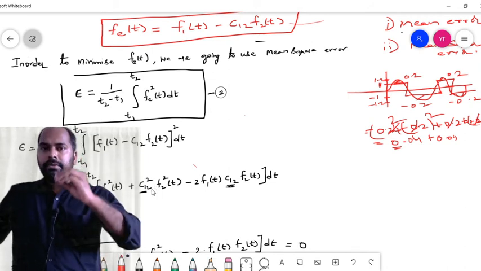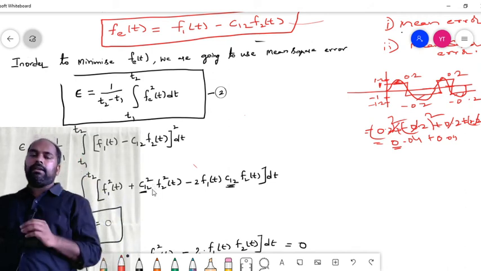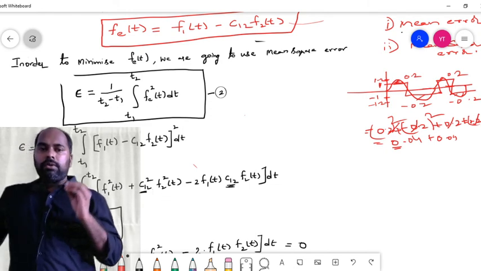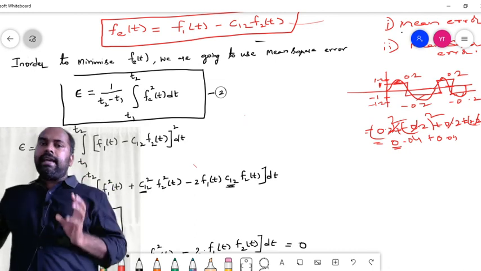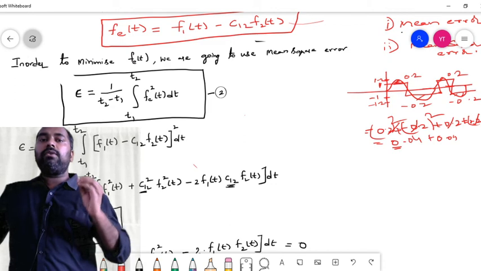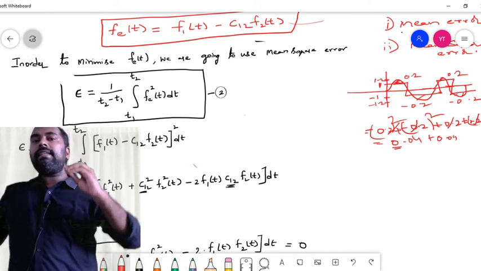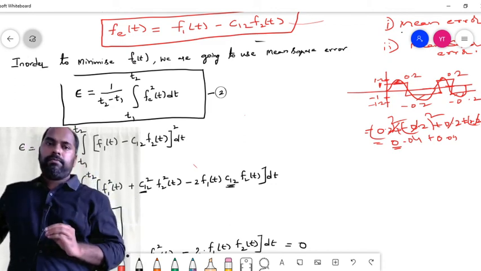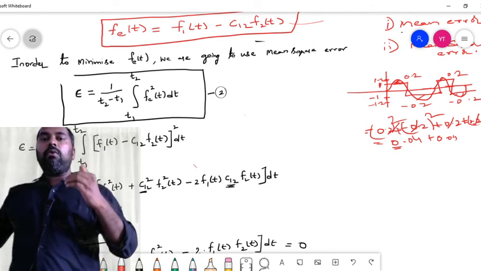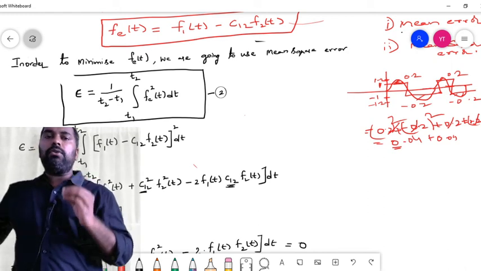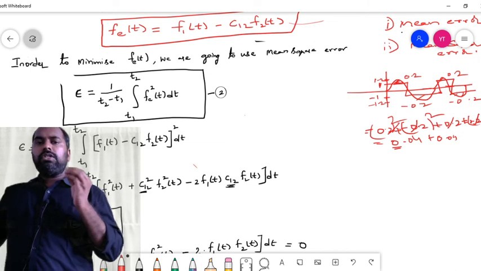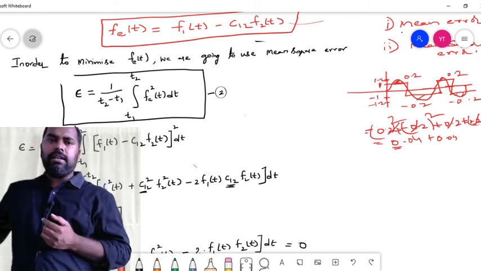Now this is a very important topic, an interesting thing you have to observe here, guys. I want to minimize the error, and my objective is to find the C12 value. I have to minimize the error with respect to C12. Whenever you want to minimize, obviously you have to go for differentiation. Therefore, dou epsilon by dou C12 equal to 0, a partial differentiation.